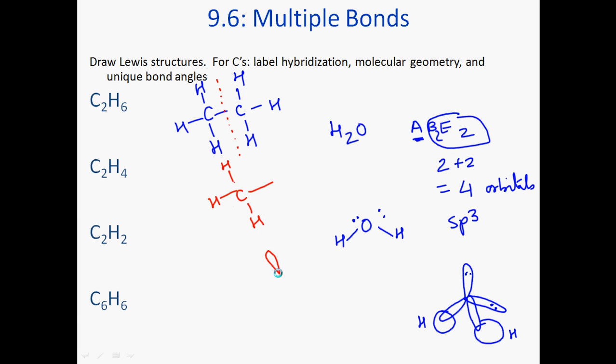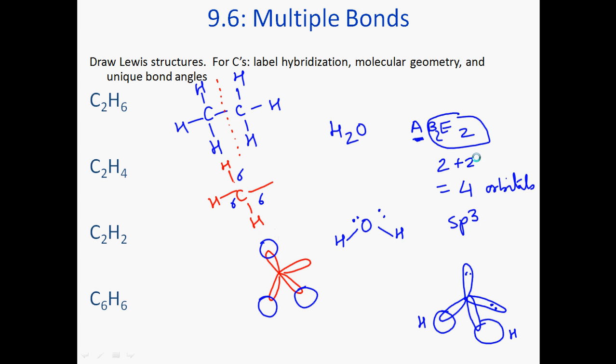So you draw SP3 as tetrahedral, right? And then 3 of them have overlapping sigma hydrogen bonds. How do you know it's a sigma bond? Because it's a single bond. Every single first bond is always a sigma bond, and you'll draw spherical s orbitals for hydrogen because hydrogen's valence electron is present in s.